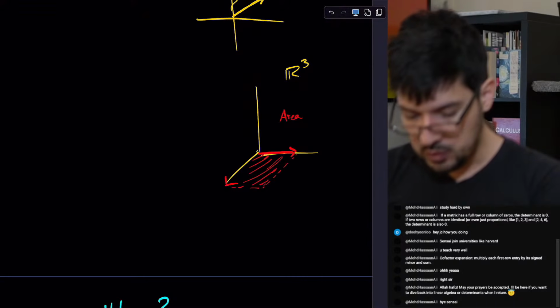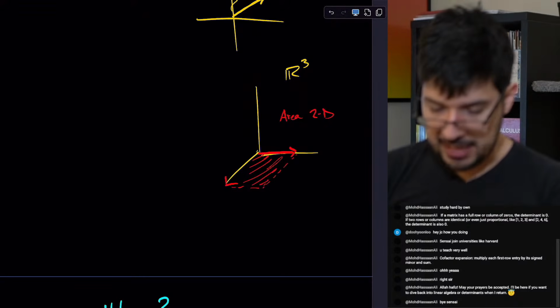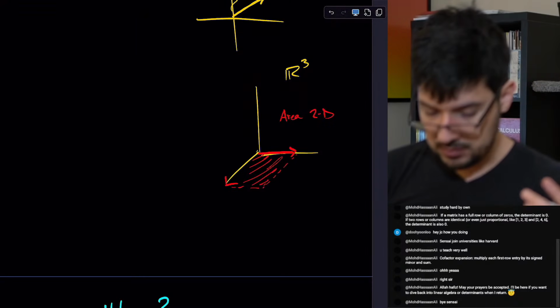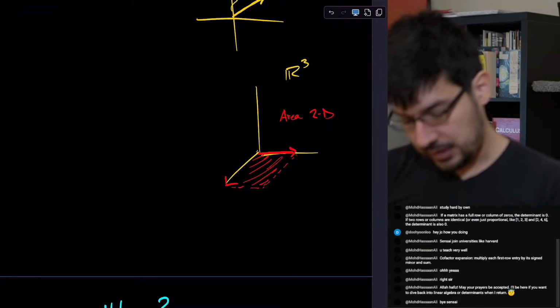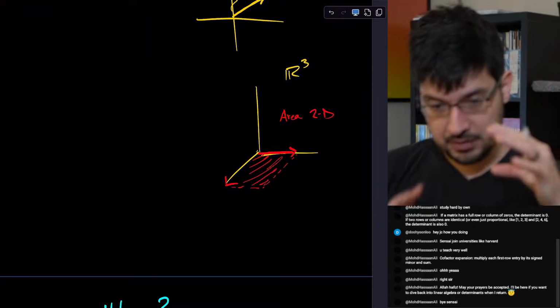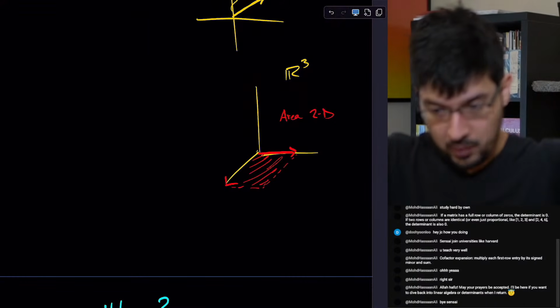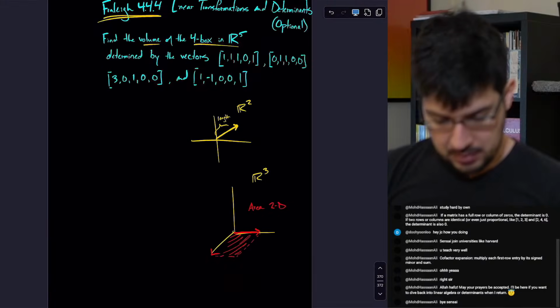This is like a 2-dimensional subspace of three-dimensional space. Similarly, we look at the volume of a three-dimensional volume in R4, etc., etc.